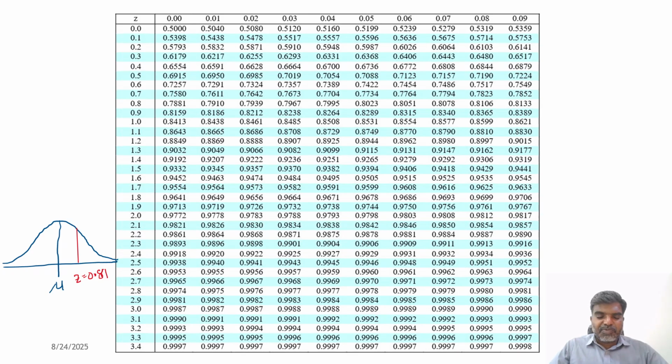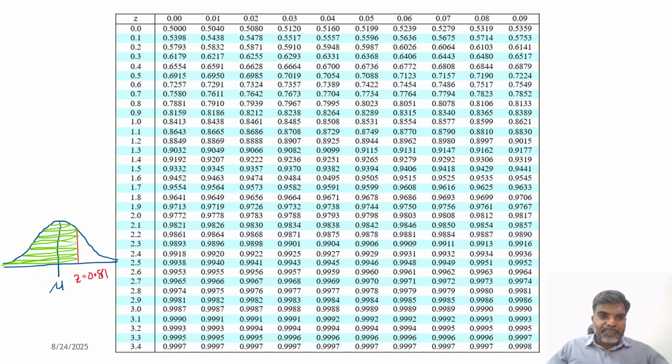We have to mark this positive value to the right of the mean. Now we can find the area left of this z value from the table, which means we can obtain this area. You can see the green lines. That is the area we have to find from the table.